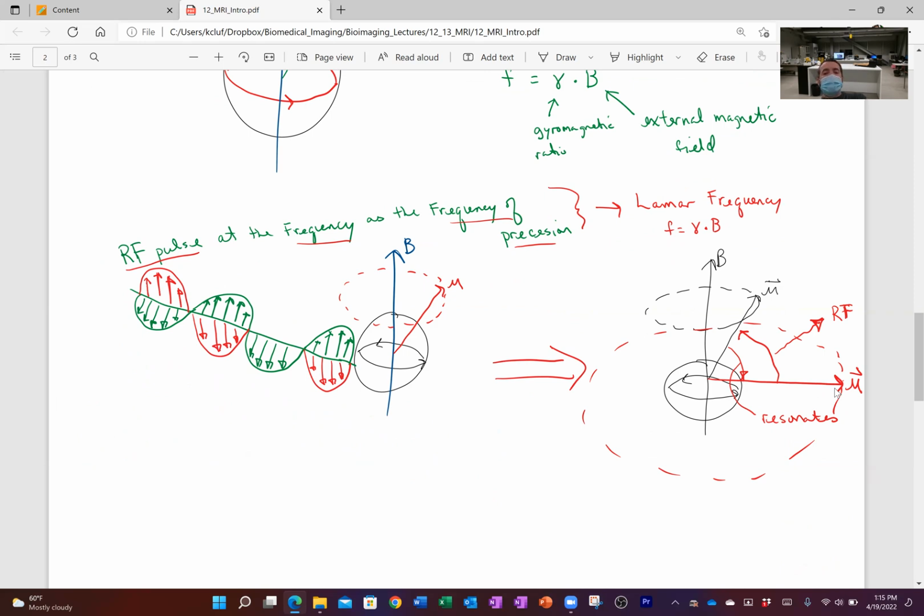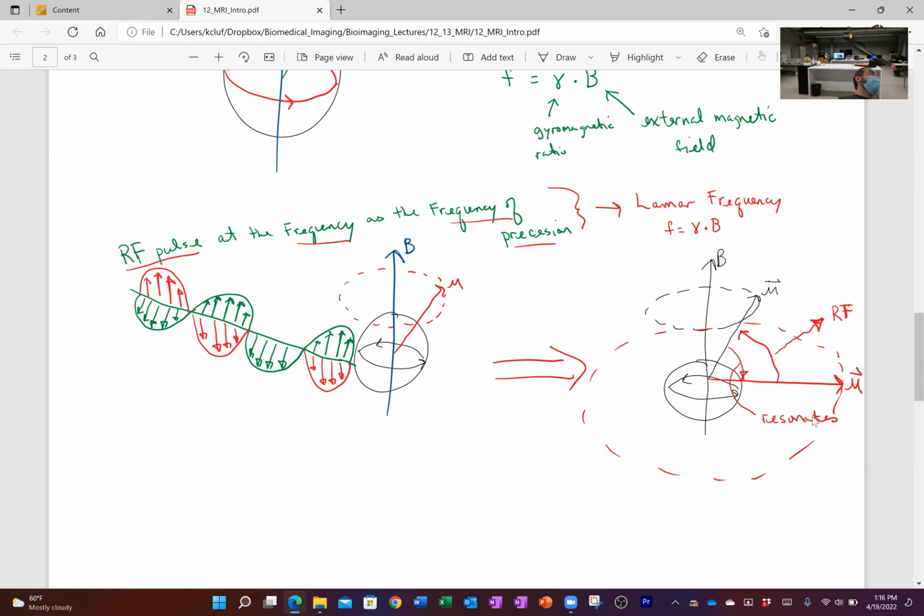Because it absorbs that energy, because the frequency is the same. The frequency of this RF pulse matches the frequency of precession, okay? It absorbs that energy from the RF wave, and because it absorbs the energy of the RF wave, it tips it on its axis. It starts to resonate and it tips it on its axis, and it'll spin around like this.